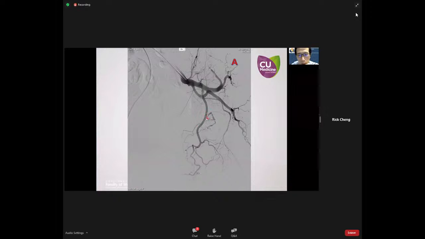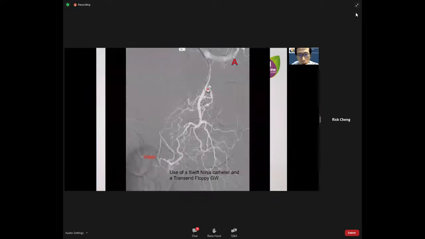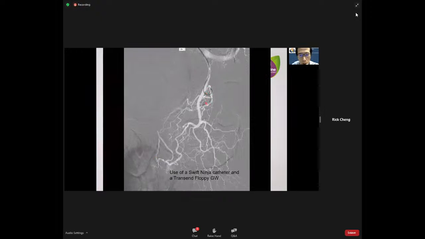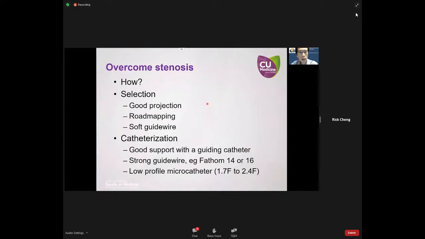So this is a short segment down and then acute up, acute down, like that. We need good support from the catheter before we can support the guide wire to further cannulate the distal portion. So in this case, a Swift Ninja will do the job quite well, and by doing so, we facilitate the advancement of the guide wire and the catheter.